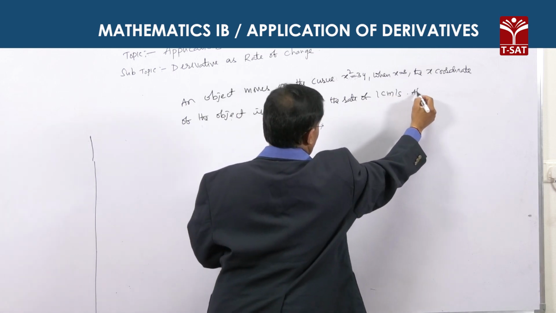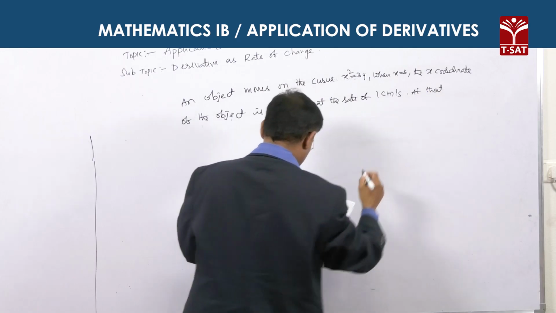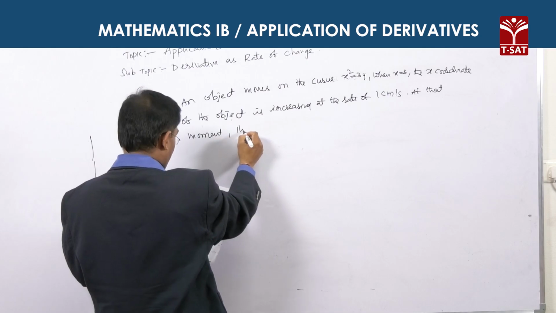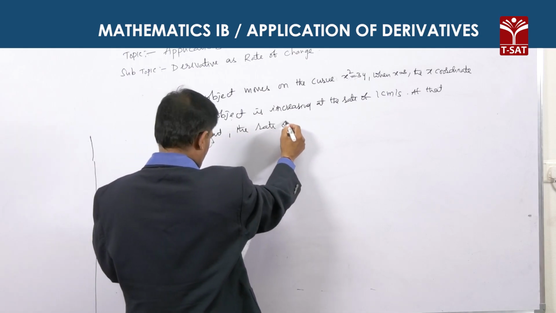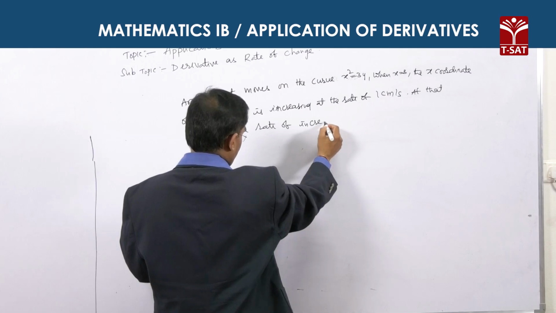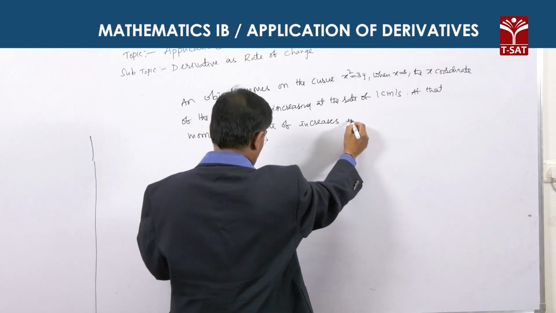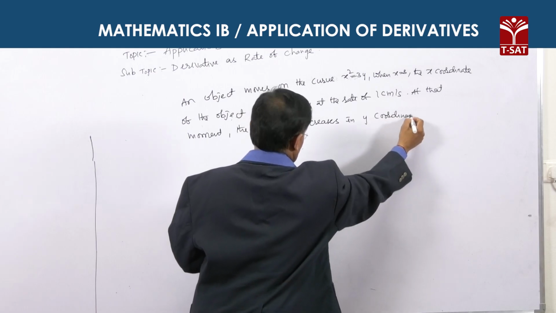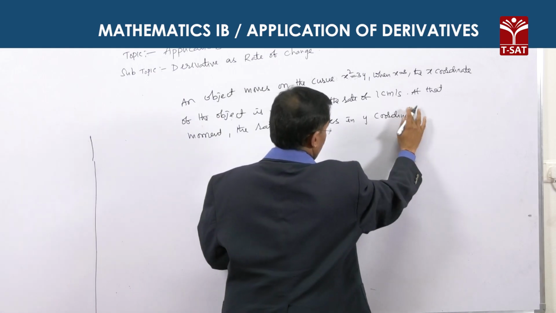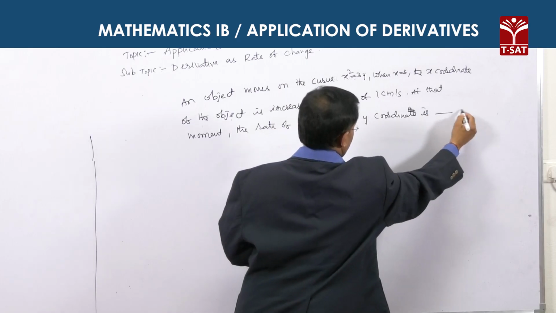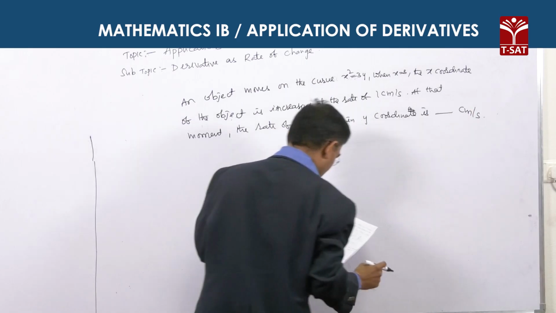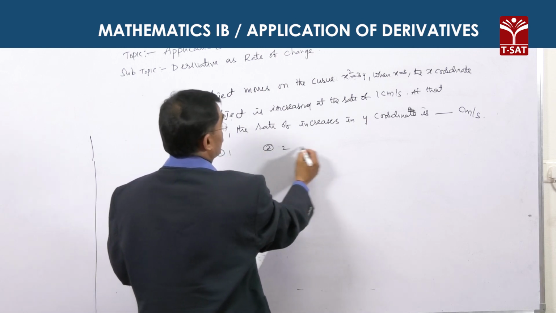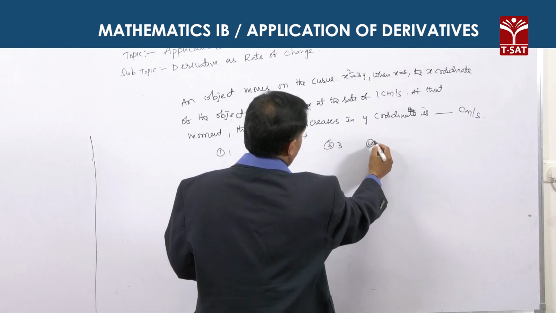At that moment the rate of increase in y coordinate is dash centimeter per second. Right. First answer is 1, second answer is 2, third answer is 3, fourth answer is 4.